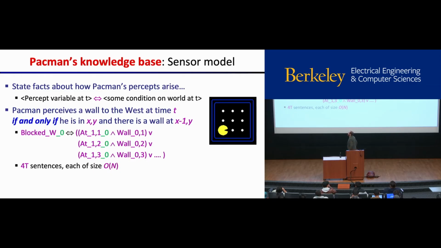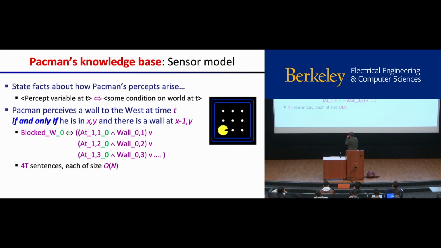So we're not telling Pacman where he is. And so he's going to use these sensors plus his knowledge of the wall locations to determine where he is. If we didn't tell him how his sensors connected to states of the world, then he'd get a perception, and it would entail nothing about his location.